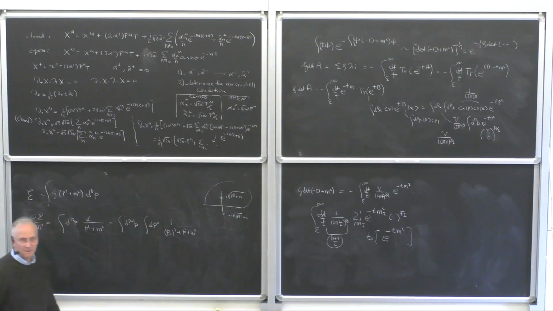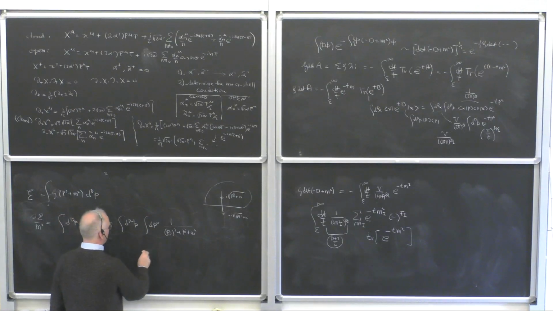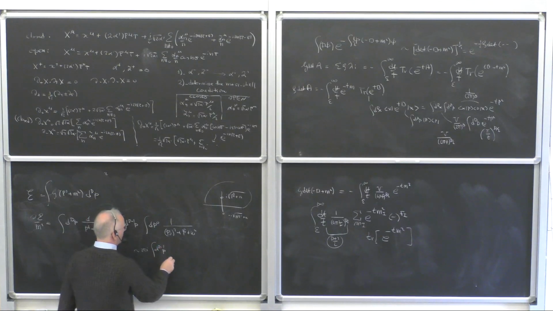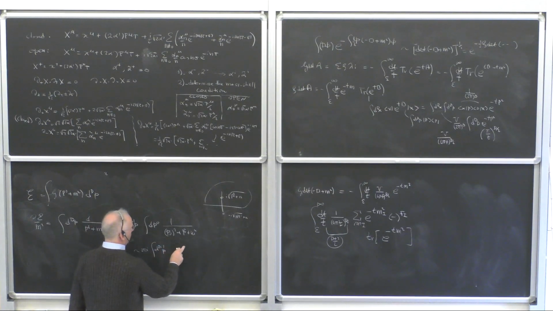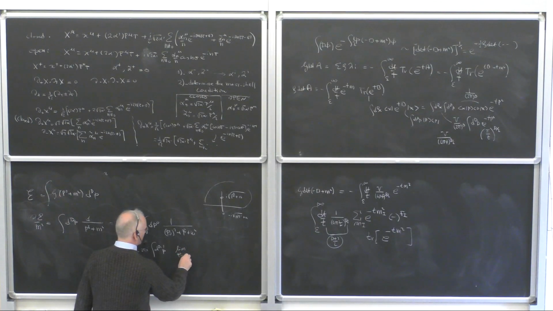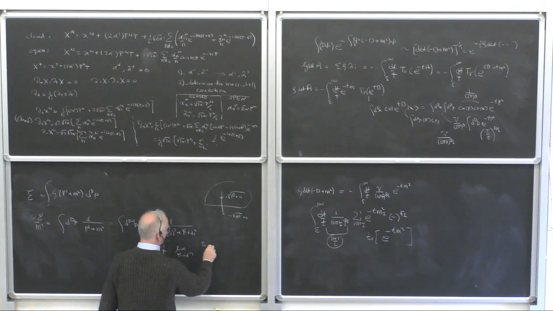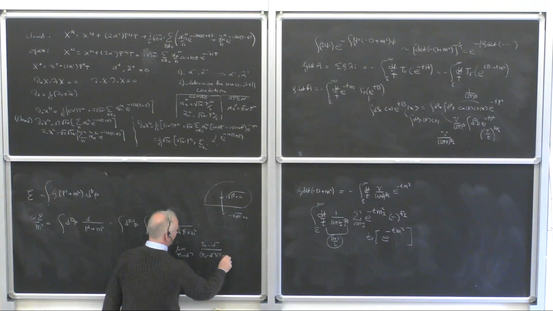It's equivalent. Okay? So what you get, if you close upstairs, is 2 pi i times the integral d^(d-1)p. Then you have to take the limit as p0 tends to the square root, and you have p0 minus i times the square root, and below you have p0 minus i times the square root, p0 plus i times the square root.